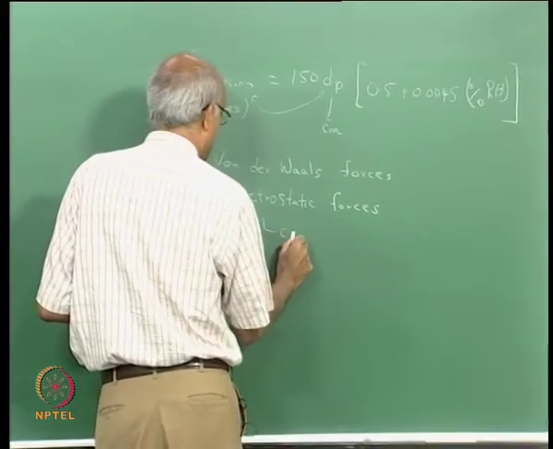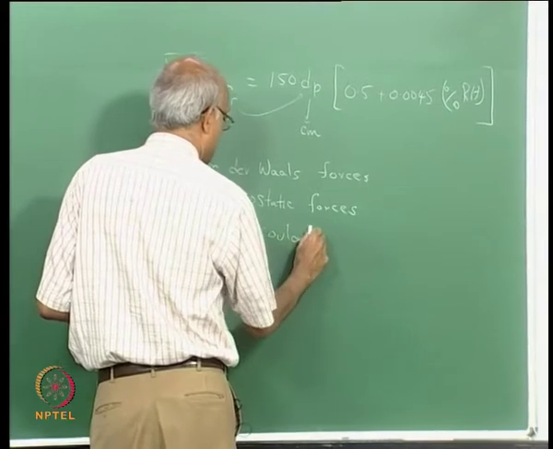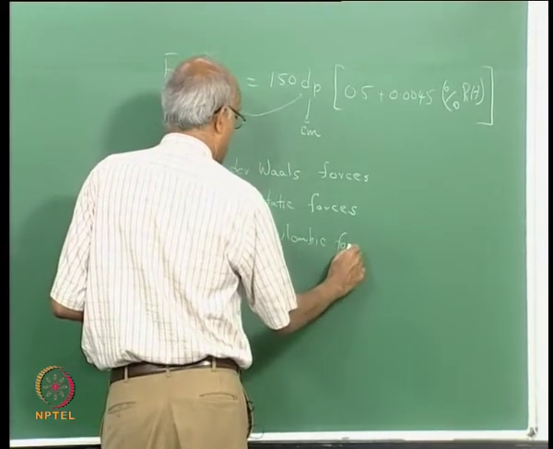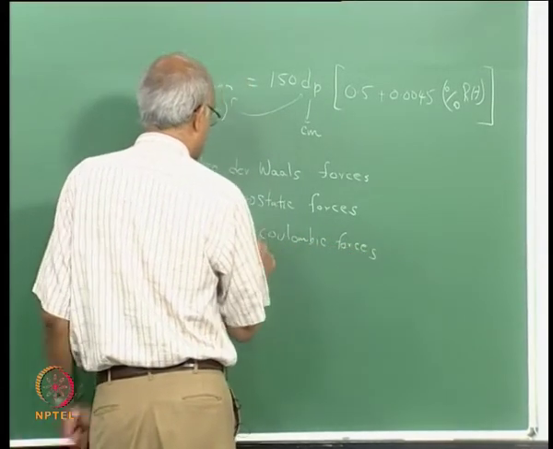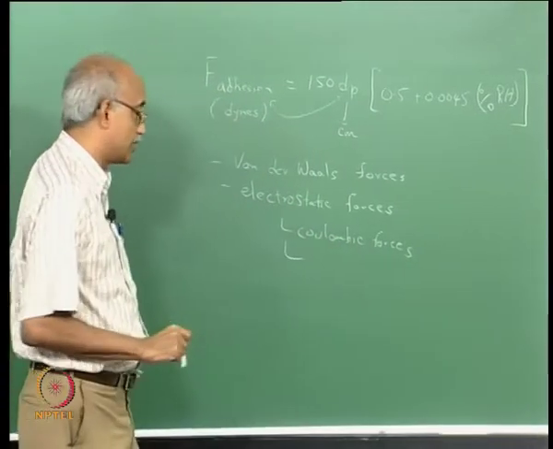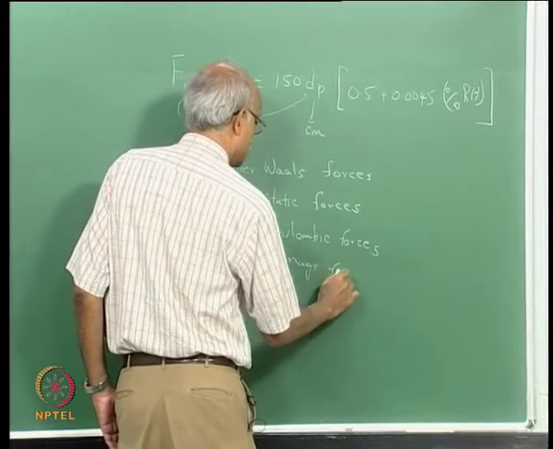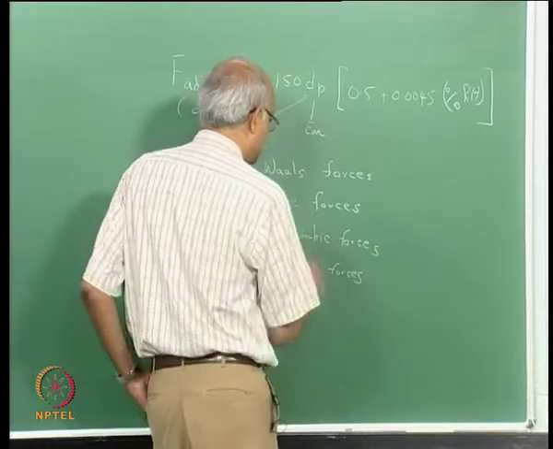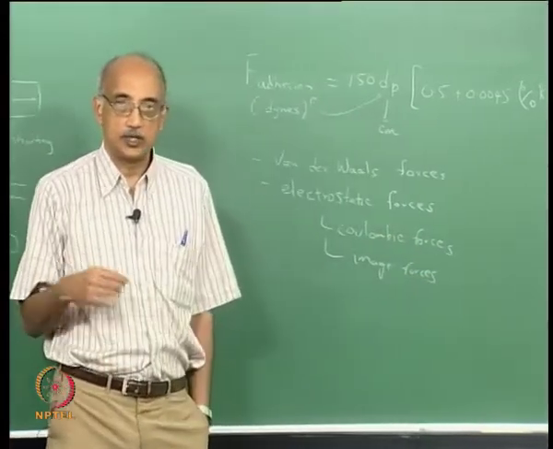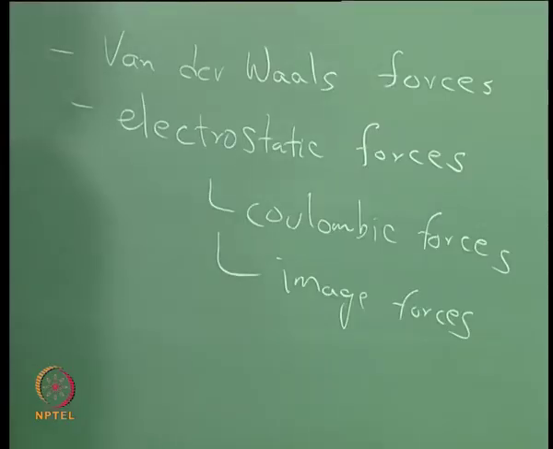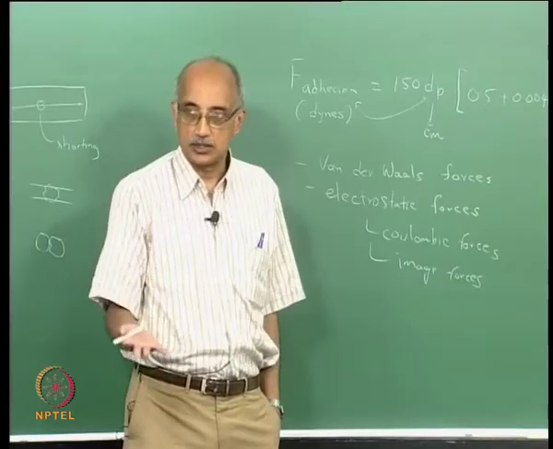You have your Coulombic forces, which you probably studied in electrical engineering. Then you have what are known as image forces. The difference between these two is that Coulombic forces apply when both the particle and the surface are charged.